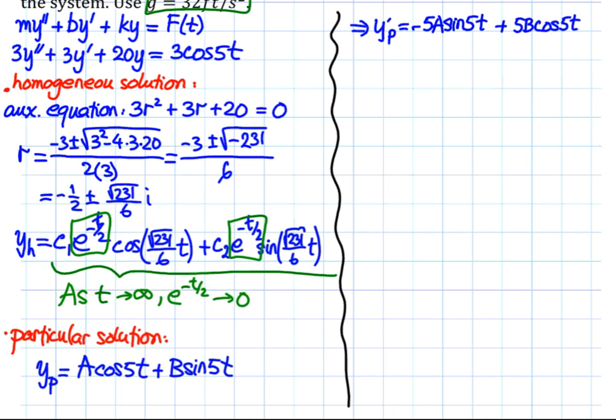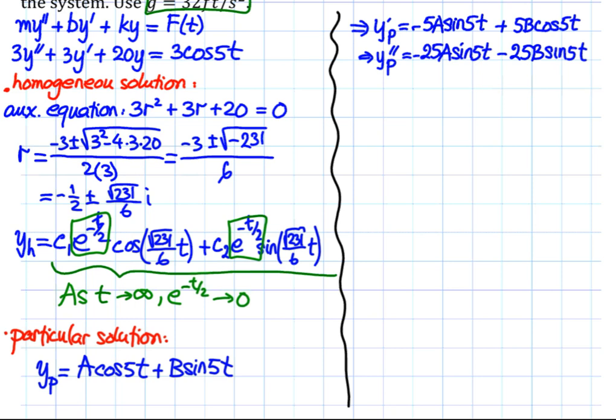Then take the derivative again. Negative 25a cosine of 5t minus 25b sine of 5t.